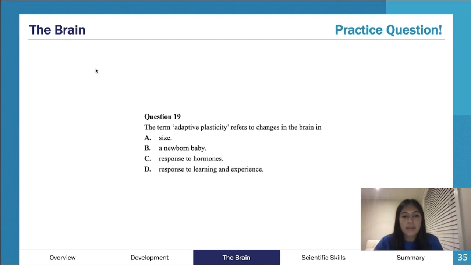Okay, so the term adaptive plasticity refers to changes in the brain in size, a newborn baby, response to hormones, or response to learning and experience. So based on the things we've just talked about, it's not size. We know plasticity is more so the actual connection. So we're not thinking changes in the brain in size, a newborn baby.